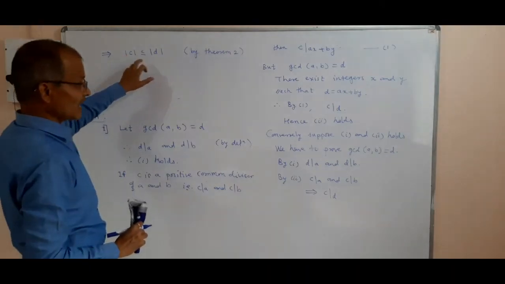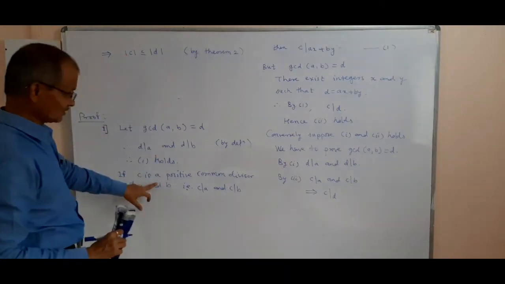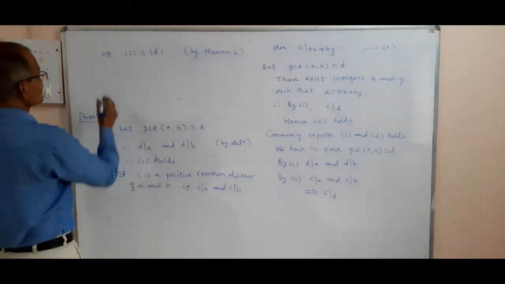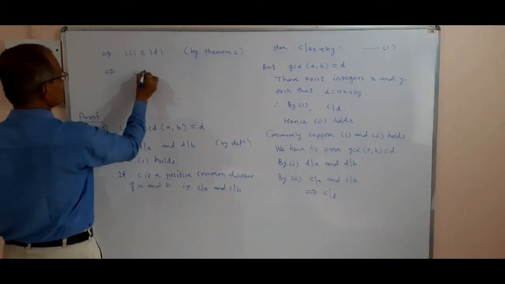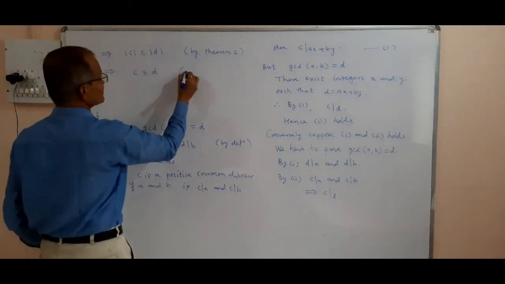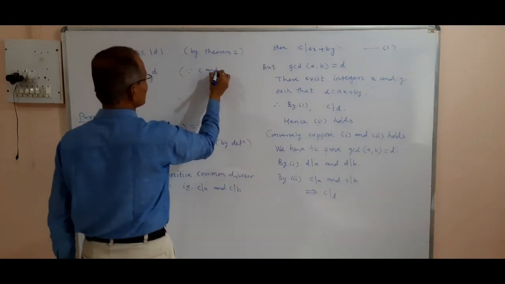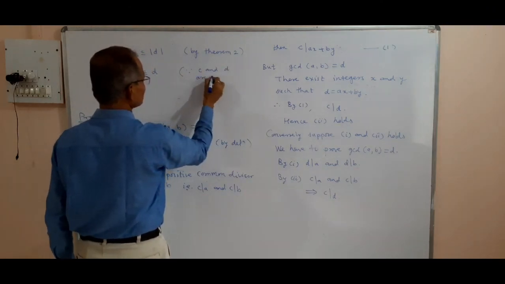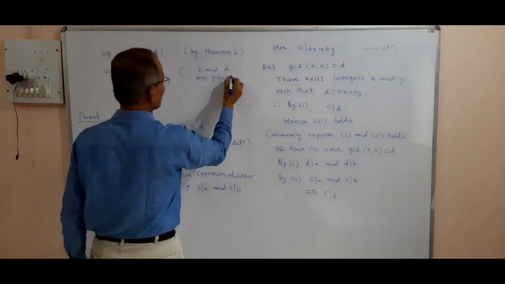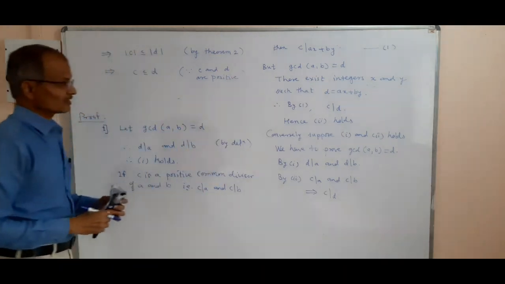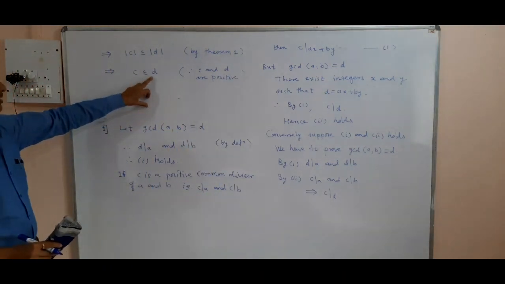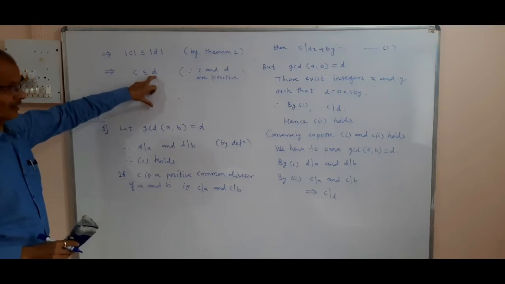And because C and D are positive, as we have considered C a positive common divisor, this implies C is less than or equal to D. And thus C is smaller than or equal to D, meaning D is the greatest common divisor.